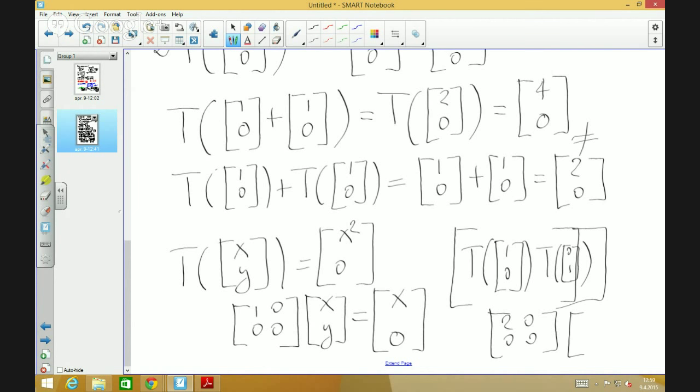Because if we do this multiplication, we get 2x here and 0 there. So if you don't want to guess values, just compute the matrix that would induce T if it were linear. If that matrix induces the transformation that you started from, then the transformation is linear. If it doesn't, well, it's not.